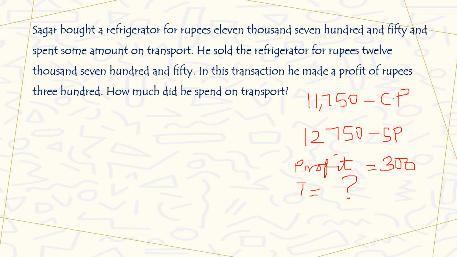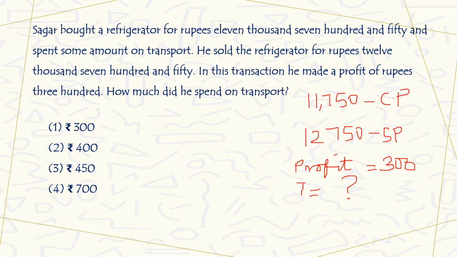It is very simple again. You know the difference between the cost price and the selling price, then you know how much is the profit. So if you subtract it, you will get the answer for the transport. Understood? The amount spent on transport was either rupees 300, or rupees 400, rupees 450, or rupees 700.